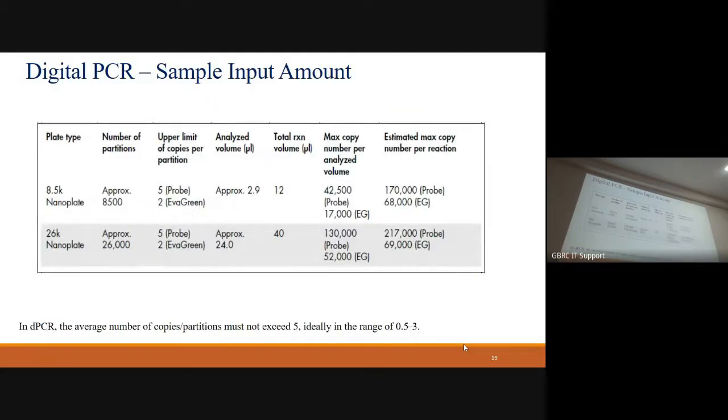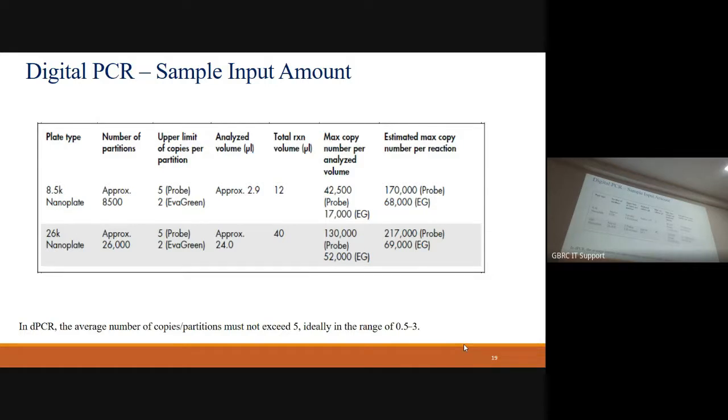So now what is the detection limit here? We have two different well plate formats, 8.5 thousand and 26,000 well plates. So the number of partitions here is 8,500, here 26,000.